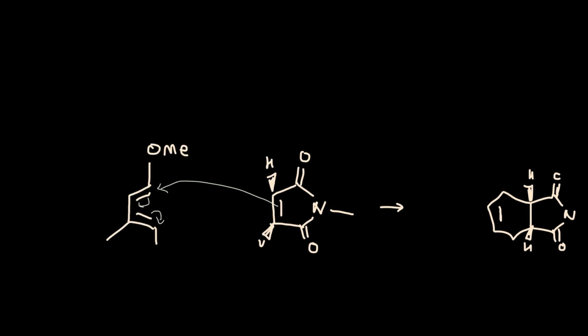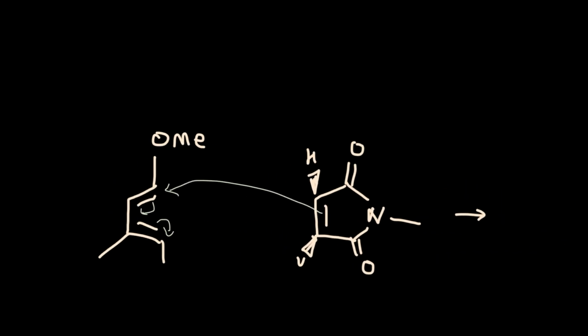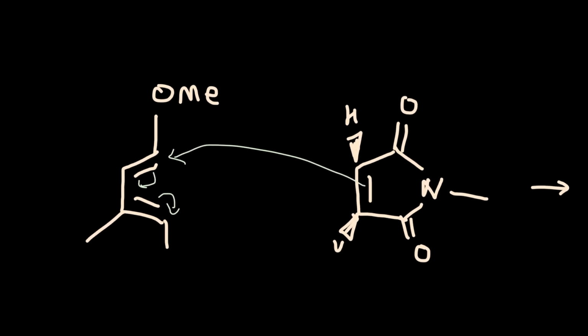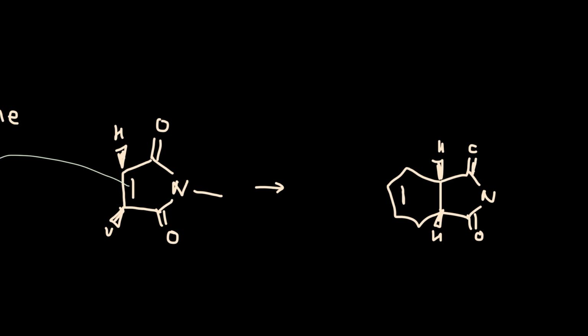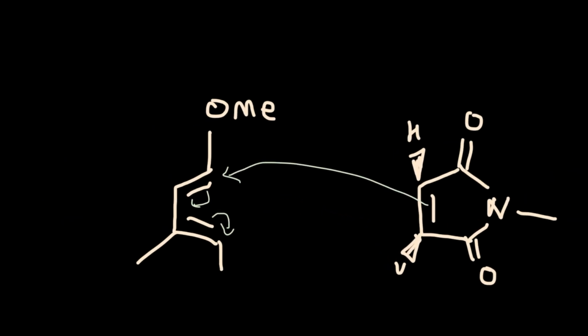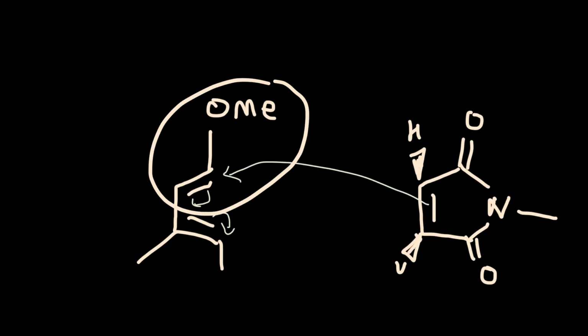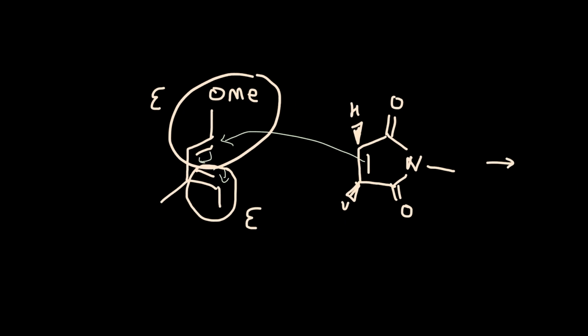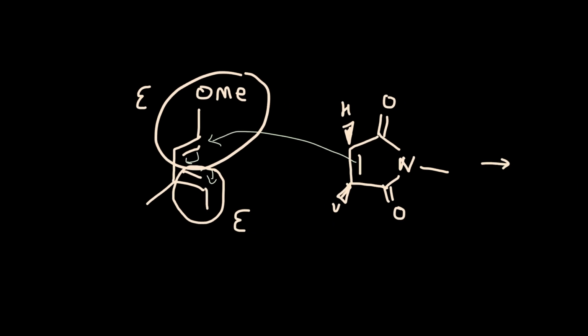But now, there are substituents on this 1,3-diene. So how do we know if this should be cis or trans? First, there's a methyl. Now, this segment of the alkene is E, and this segment of the alkene is also E. So you might think, okay, that might be trans because it's E, it's not cis and Z on the same side.